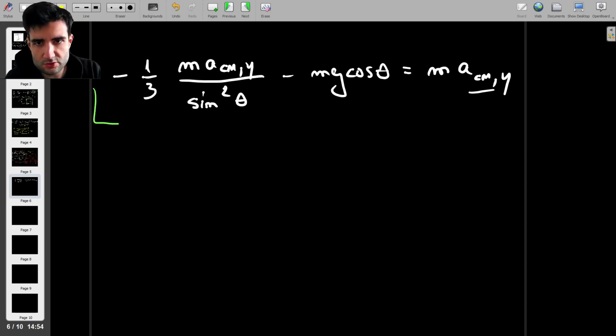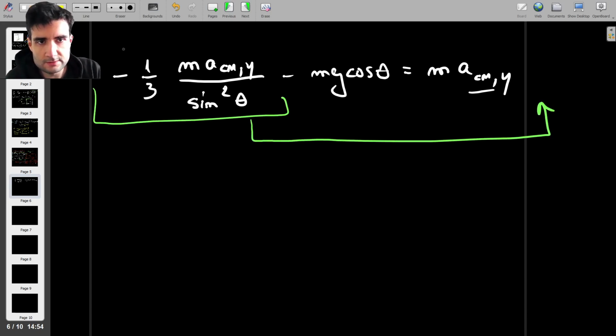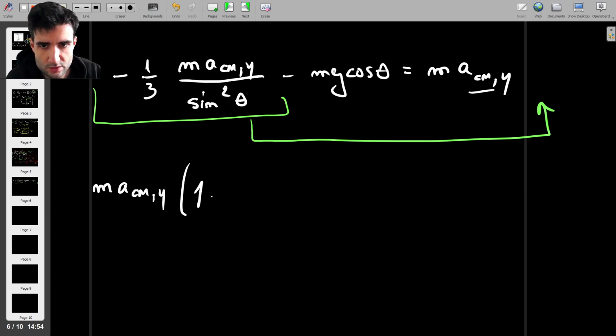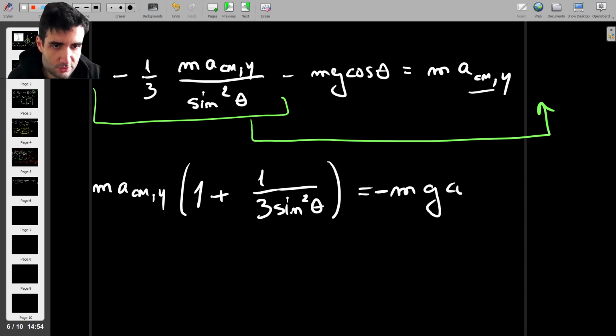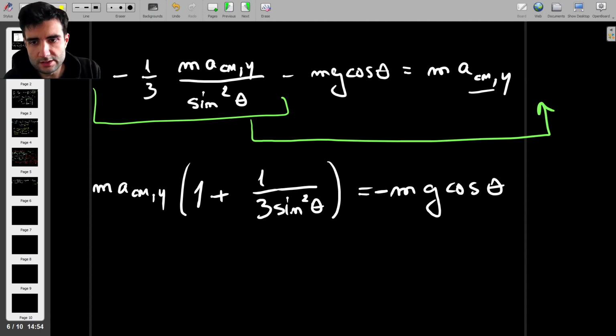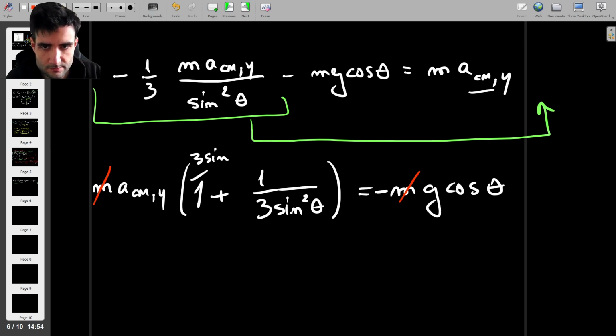So I would just take this, bring it to this side, and I would have the following. If I factorize m times the acceleration, then we get 1 plus 1 over 3 sine squared of theta, and this is going to be equal to minus mg cos theta. Now the m's cancel out, which means that we can also amplify this fraction and get one common denominator.